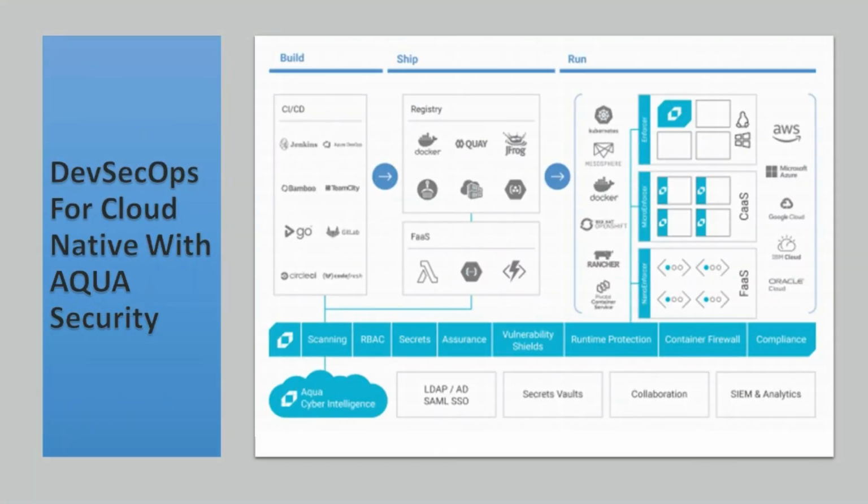DevSecOps for Cloud Native with Aqua Security. Aqua Security lets enterprises secure their cloud native and container-based applications from development through to production. This is helping bridge the gap between DevOps and IT security and is driving container adoption.